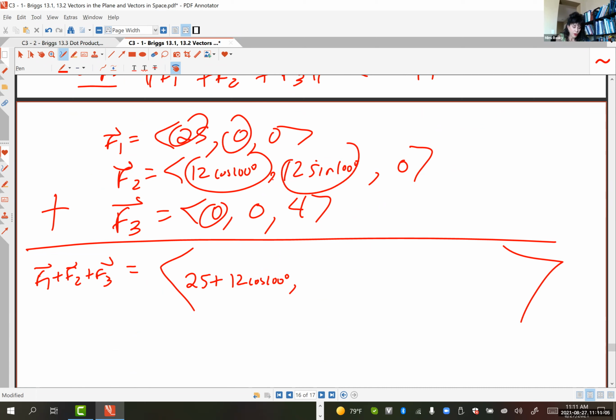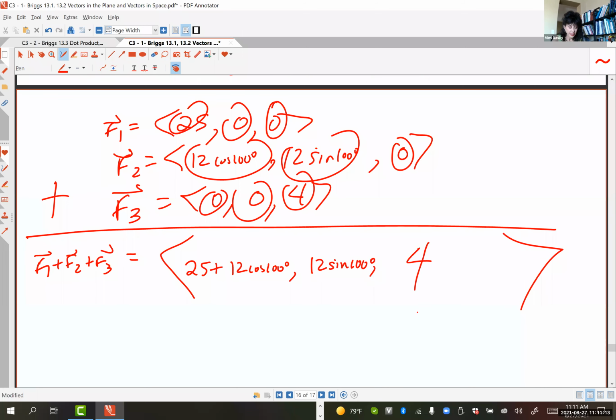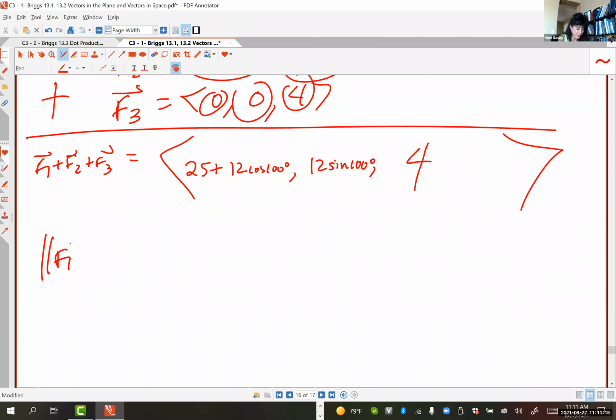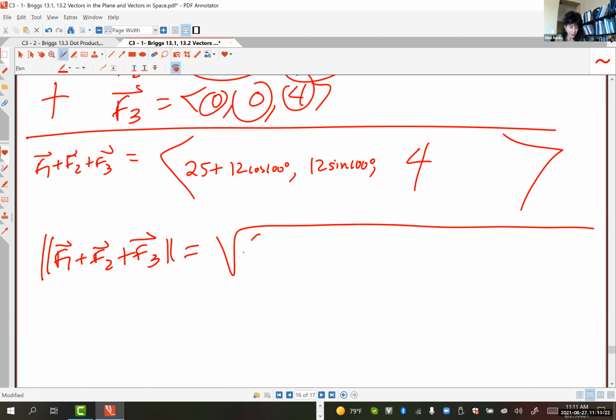Add all three y components together to get the y component, and then add all the z components together, and then finally go and get the magnitude of this big old resultant vector. And that's when you want to whip out the calculator. You have to use parentheses in a lot of different places. I know it's kind of a hassle. Make sure you're in degrees mode for this one.